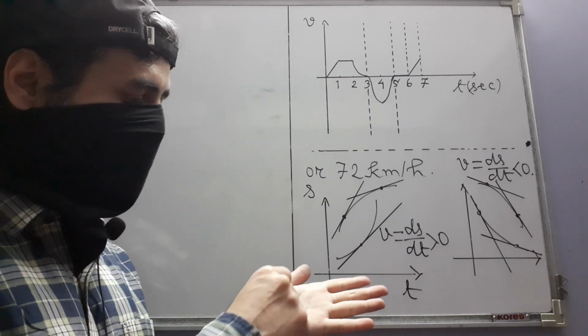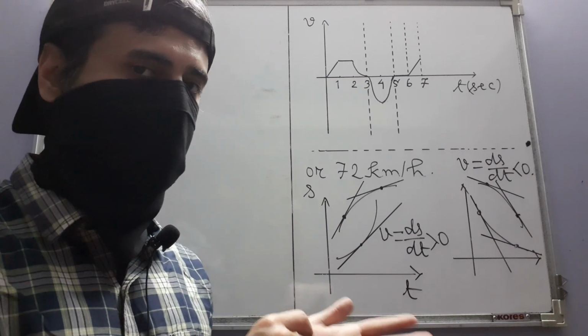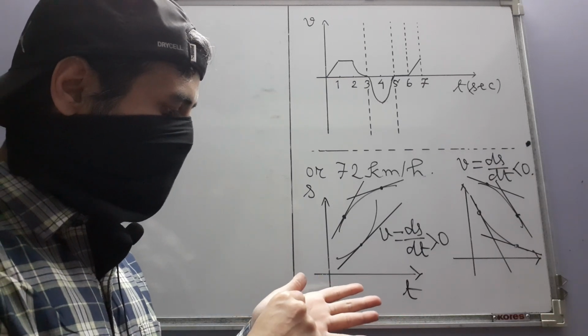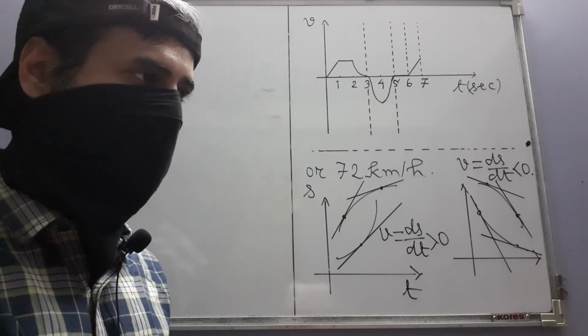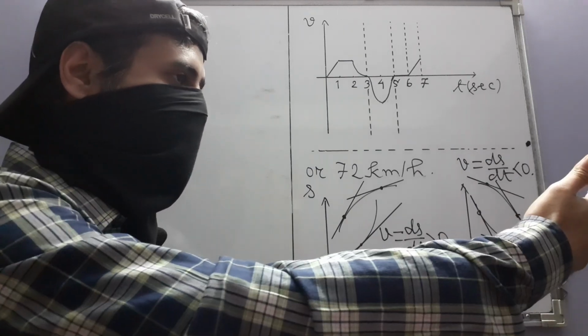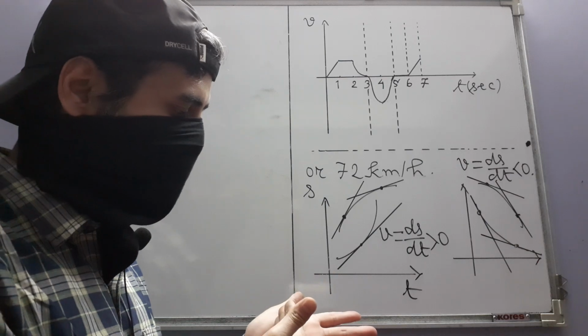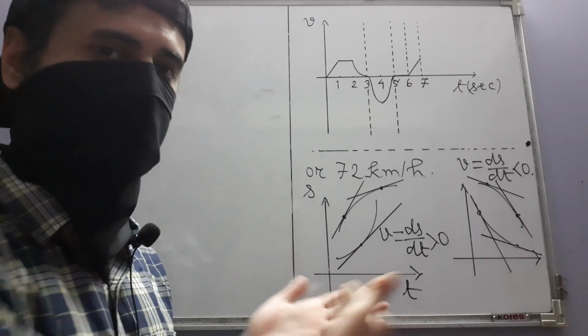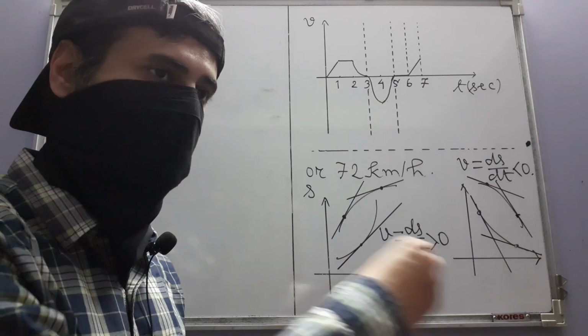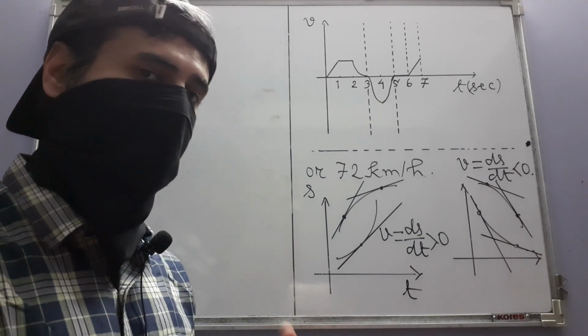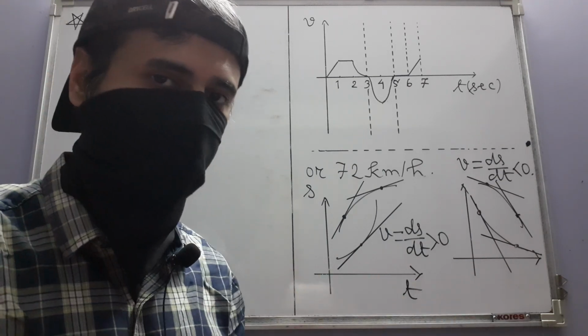Now, if this 30 km per hour is being measured from your house, then when you are going towards your friend's house, the velocity should be positive because distance is increasing. But when you are coming back, the velocity is negative. So it is actually minus 30 kilometers per hour.